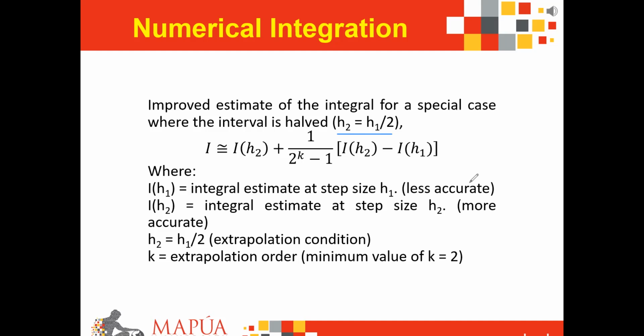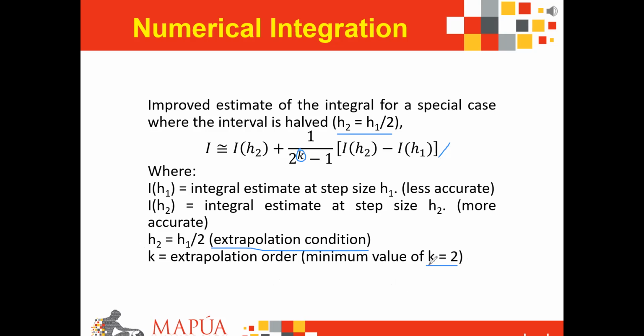Now, your extrapolation condition states that the new step size must be half the previous value. This condition must be satisfied at all times so that this formula may be applied. Note that on the formula, you have an extrapolation order K, which has a minimum value of 2 when you're comparing two integral estimates.